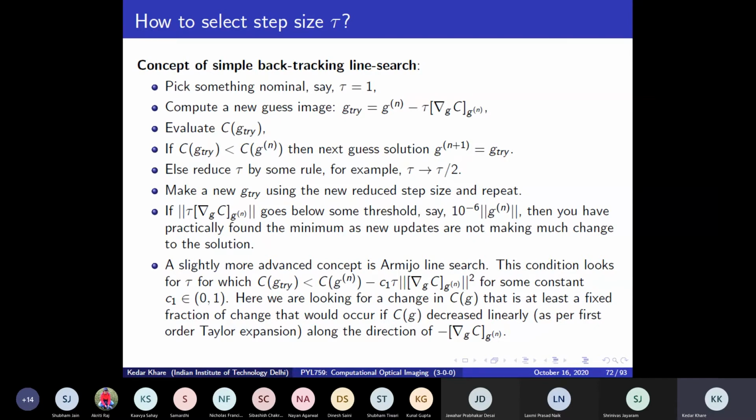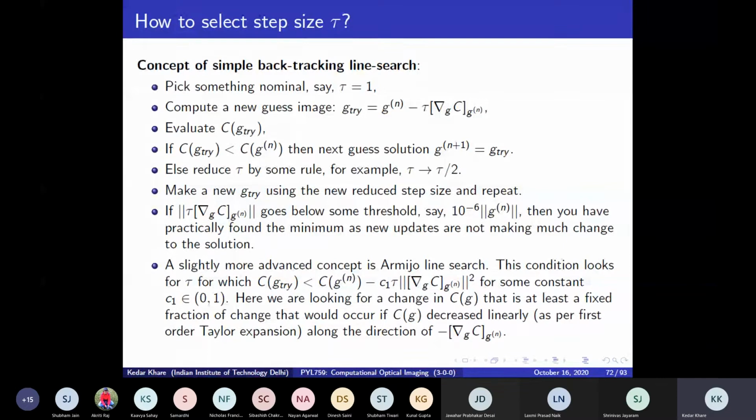The functional gradient itself is small in magnitude, but if you go too far in the direction going towards the minimum, you might pass the minimum. So if you put the condition that C of gtry is less than C of G, then automatically tau will also be small when the gradient G is small.